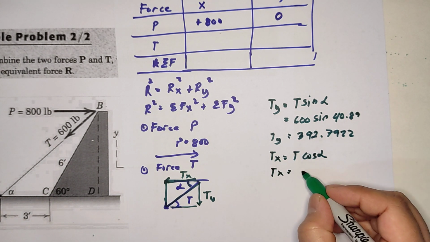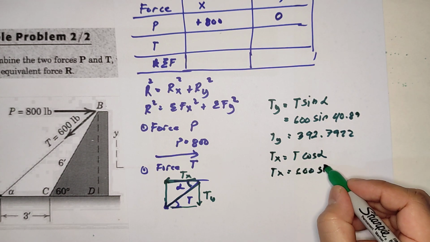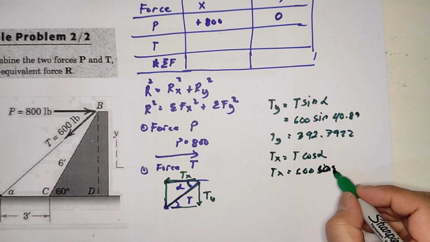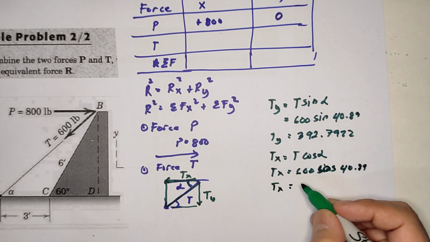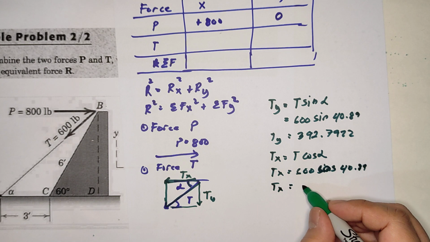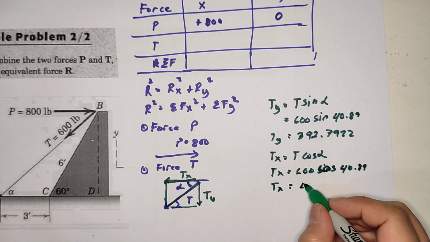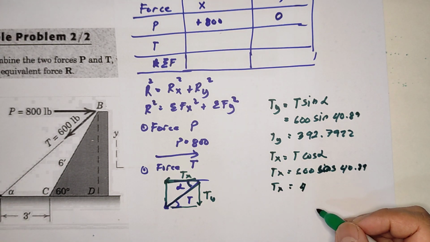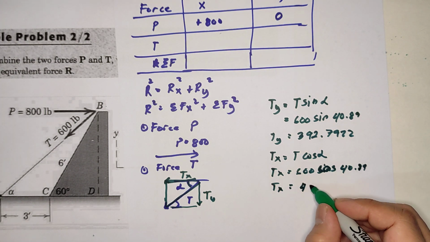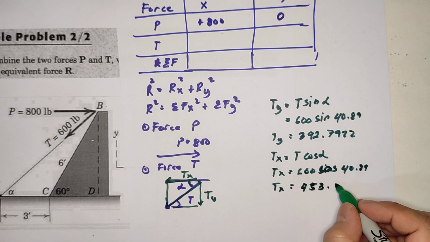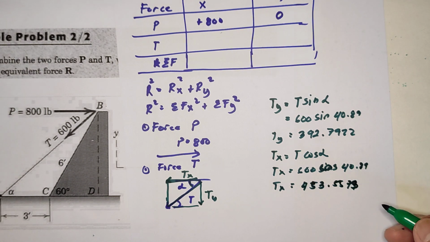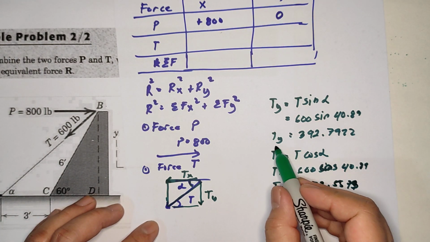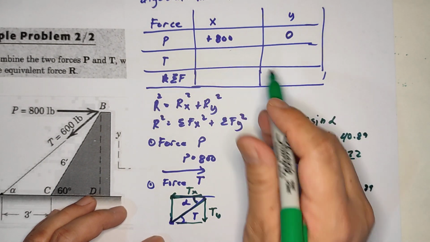So Tx, that is 600 sine, or cosine rather, 40.89. So you now have Tx that is equivalent to 453.55905573.